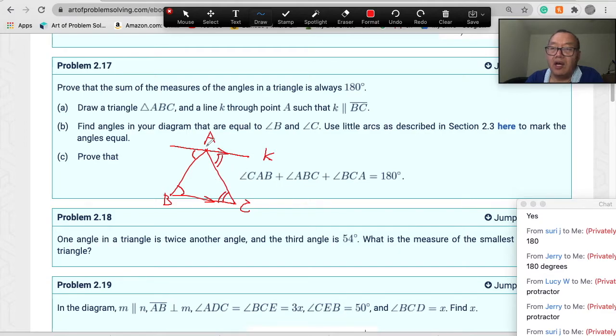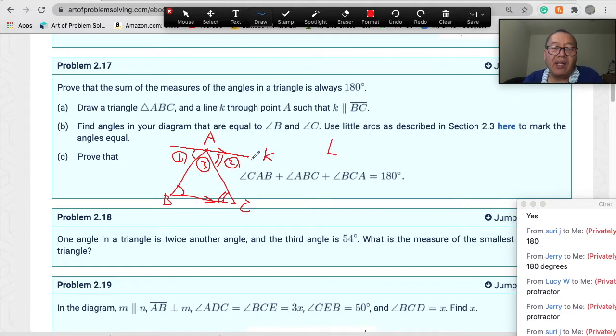Also alternate interior angles. Then line K is what we drew through point A. So let's call this angle 1, this one angle 2, this one angle A. We can also call this angle 3.